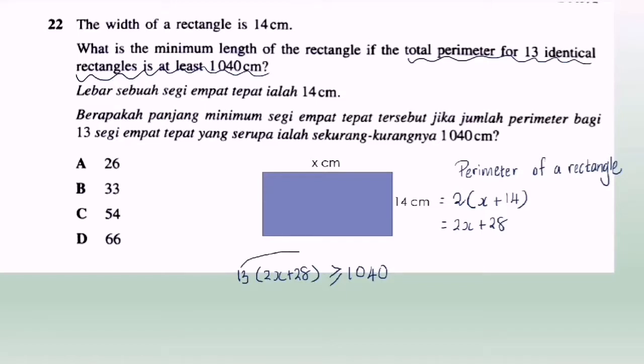So I move the 13 over here. 2s plus 28 greater or equals 1040 divided by 13 is 80. 2s greater or equals 52 and s greater or equals 26. So the answer is A.